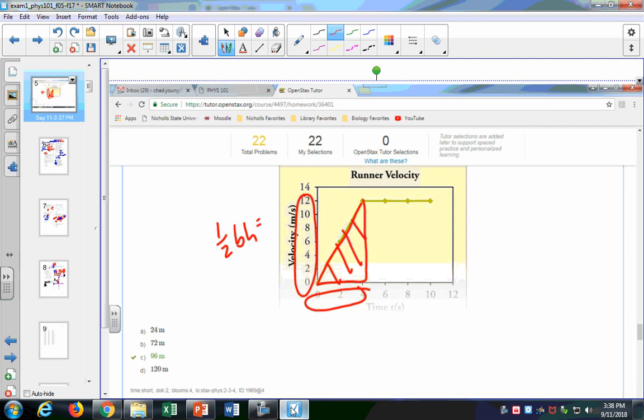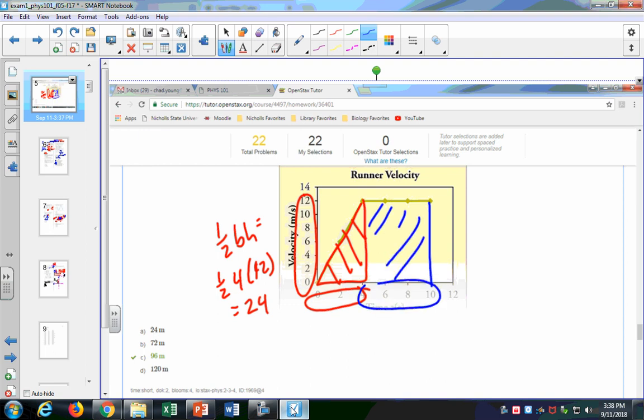Half base times height will be a half of 4 times 12. That's equal to 24. But then you also have to add in this area, which is 6 times 12, which is 72. So that's 96 meters. Okay?